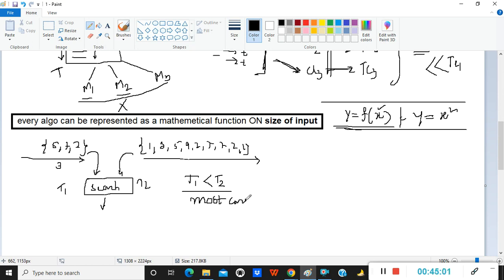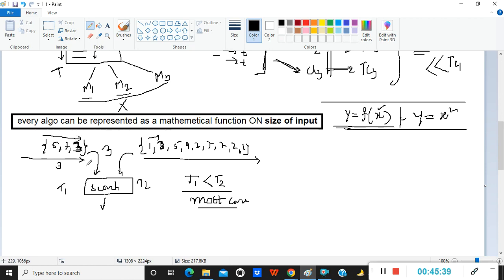Suppose I am searching in 5, 7, 3, and I am searching for 3. To get the result, I have to move to three comparisons, three steps. But in the other array, it will take only 2 steps.